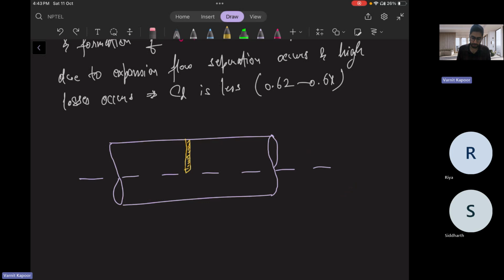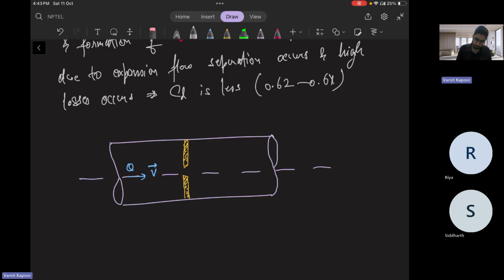Sorry, I think it should not be like this. Very sharp and small. Okay, so flow happens with the flow rate Q and velocity V.